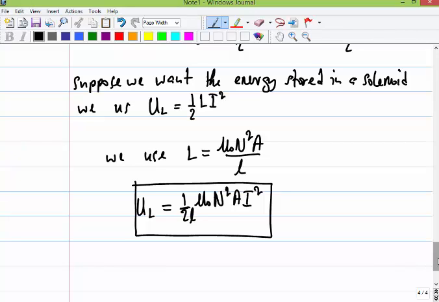We define inductance as L equals the number of turns times the flux divided by the current, and then we use that to find the inductance of a solenoid. And we also found the energy stored in the solenoid, which is what we've shown right now. So we can leave this alone and go to the next section if there are no questions on it. Okay.